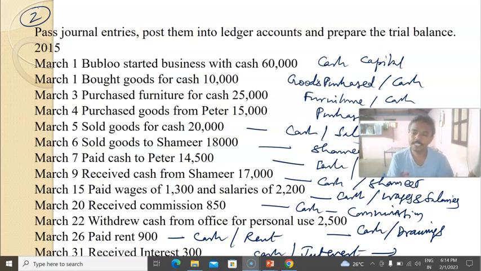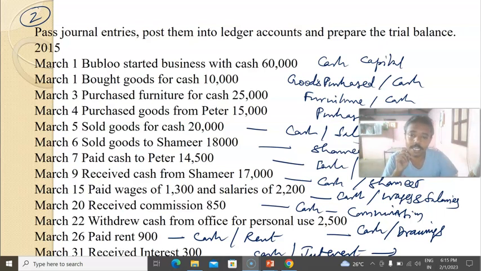Next, transaction number 4. Journal entry 4, March 4. Purchased goods from Peter, rupees 15,000. We can assume that it is on credit since the name is there. By giving the name, if they say it is on cash, we need not take the name. But here it is on credit, since the name is given. So goods purchased account is one account, then Peter account is the second account.